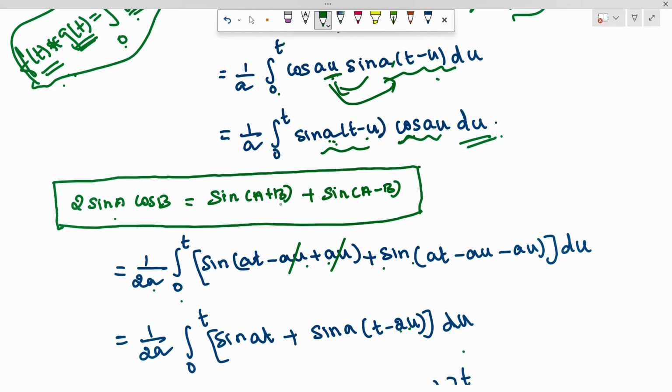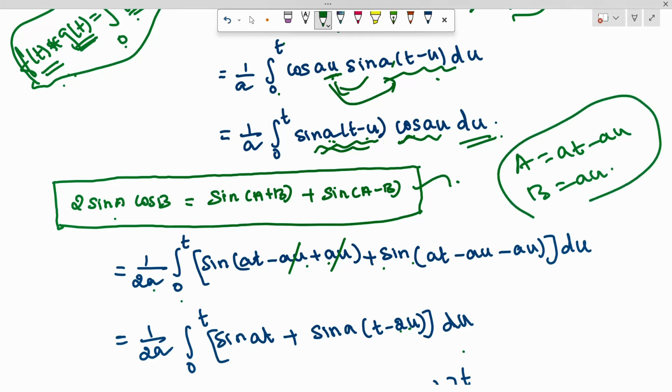The 2 sin a cos b formula is sin of a plus b plus sin of a minus b. You should remember this formula. Here capital A is at minus au, capital B is au. Apply this formula here. 1 by 2, because here 2 is missing, that's why we are taking 1 by 2.